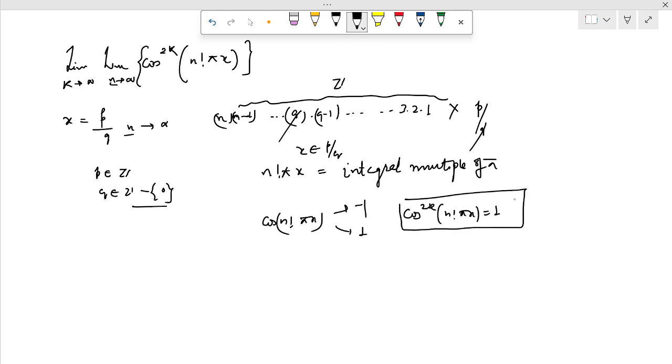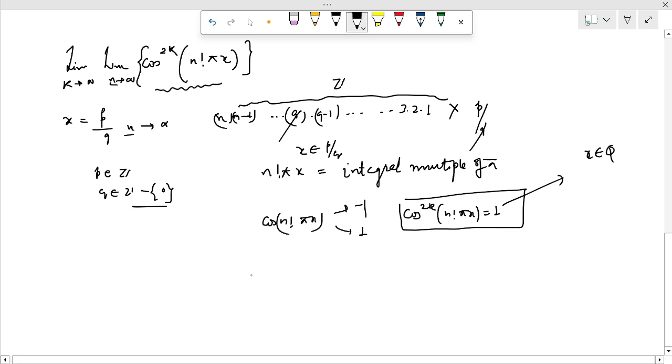So for all x belonging to rational, this particular entity will be equal to 1. And if x belongs to irrational, then n factorial pi x will survive. So ultimately I can simply write that cos n factorial pi x raised to power 2k will lie between 0 and 1 only.